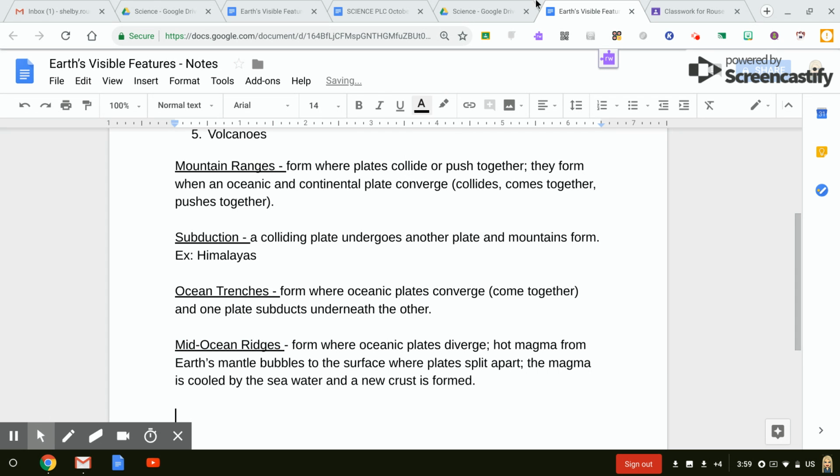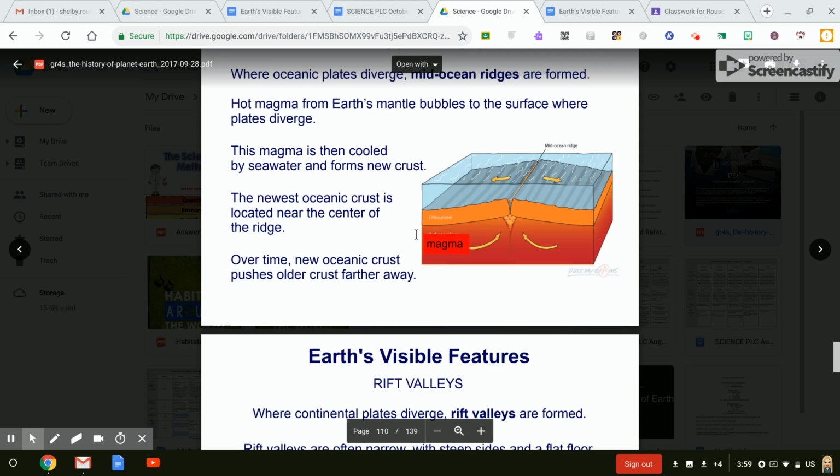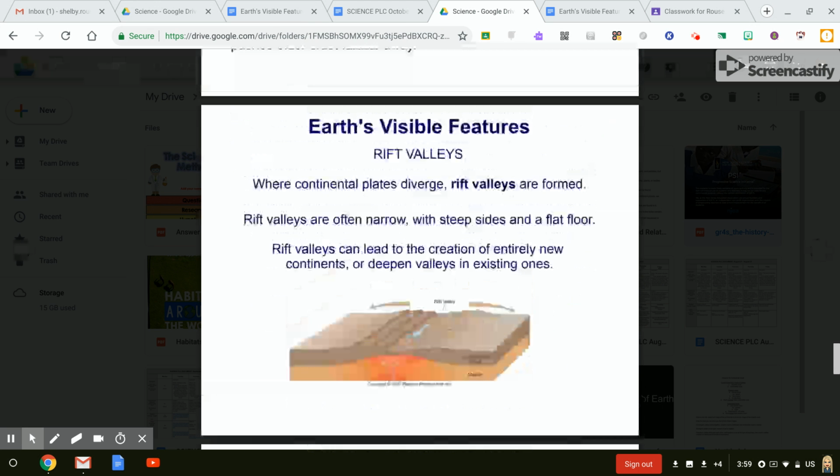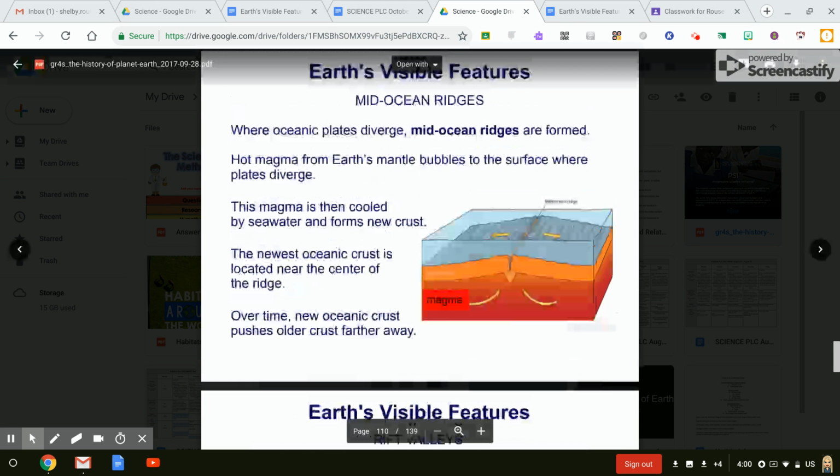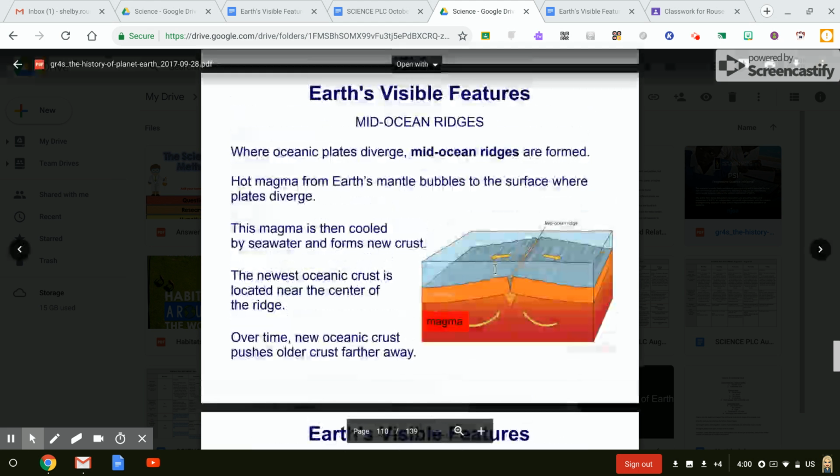That's your mid-ocean ridges. We're going to move on to rift valleys. Again, you found a picture yesterday on what a rift valley can potentially look like. So where continental plates diverge. Over here, this is where oceanic plates diverge.